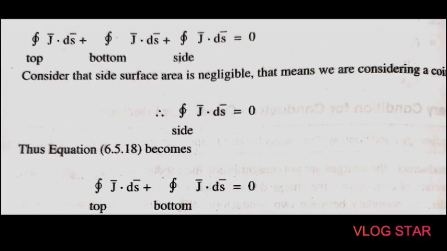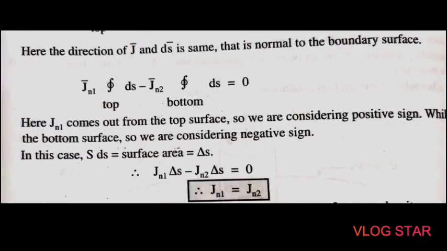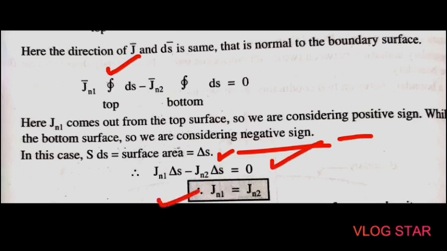So we consider Jn1 as a positive sign, and for the bottom surface we consider the negative sign. In this case, the integration of ds, that is surface area, is equal to del S. So Jn1 del S minus Jn2 del S is equal to 0. Hence we can write Jn1 is equal to Jn2.